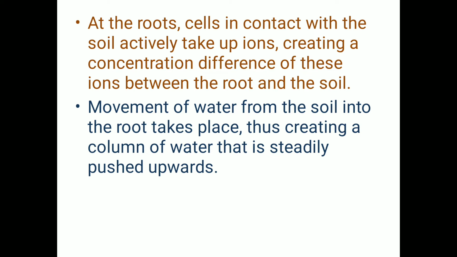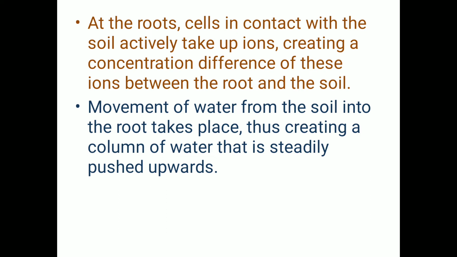When the cells in the root take up ions, there is a lower concentration of ions in the soil as compared to the cells of the root. So the diffusion of water takes place from high to low concentration.